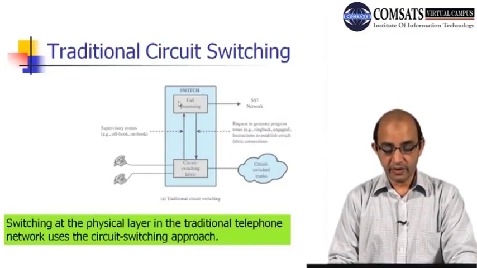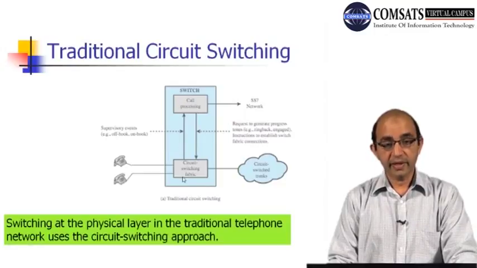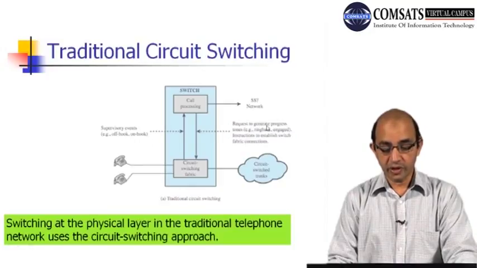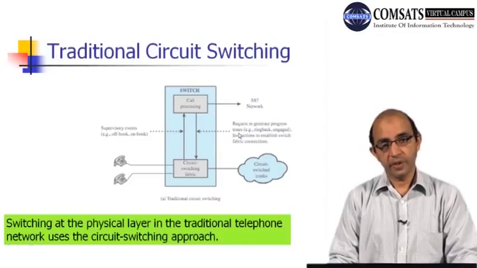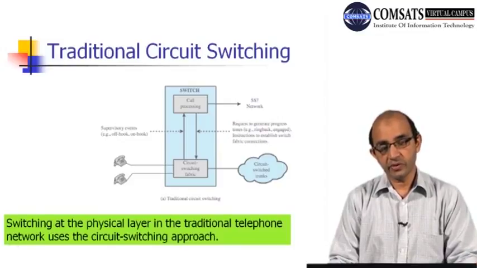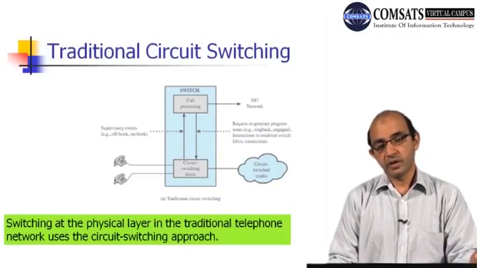You can see that we have the call processing unit and the circuit switching fabric, and we can have different events, for example off hook, on hook, and then we can also have requests to generate progress tones, right?